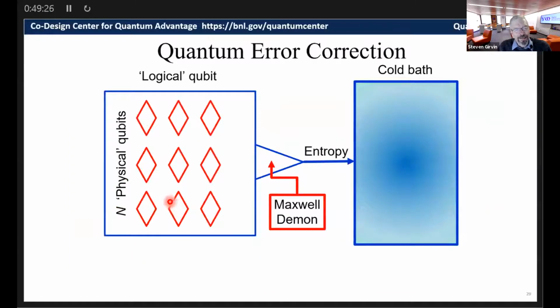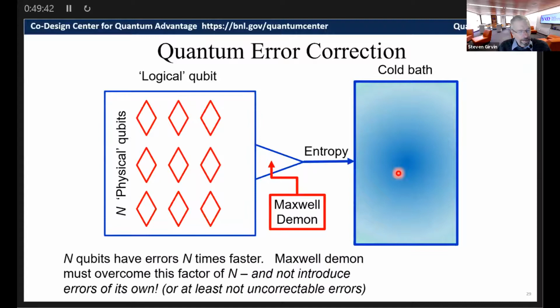So the idea is to build a kind of Maxwell demon, which is constantly measuring and removing errors. It's like trying to pump entropy out of our quantum computer into a cold bath. But the big problem is that if you need n qubits, like here you need 9 qubits to represent one logical bit, all 9 of those are having their own errors.